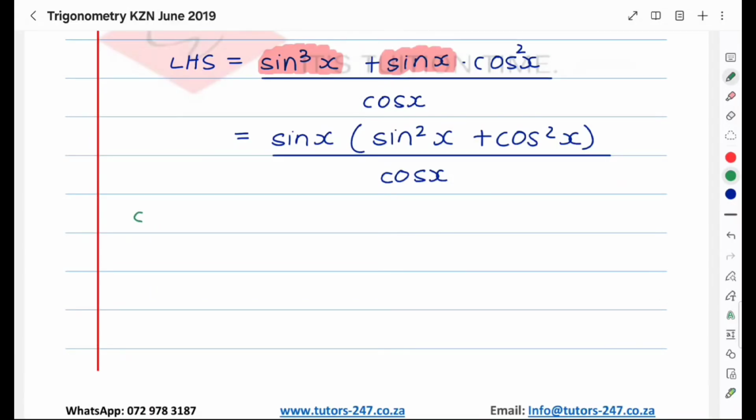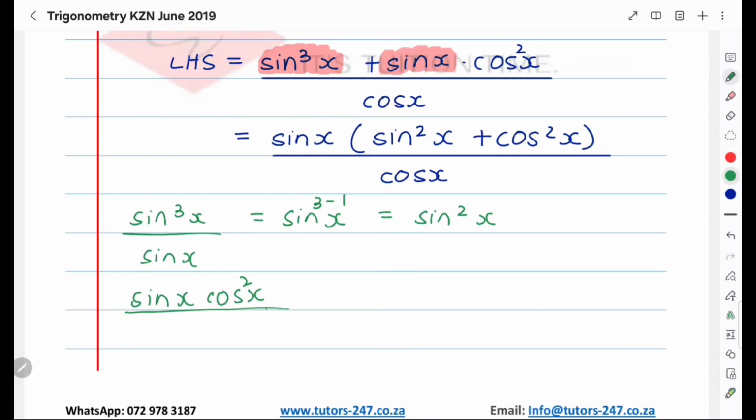So you take the first term, which is sine cubed x, and you divide it by the common factor. The common factor is sine x. Now, if you notice, you've got the same base, which is sine x. So you write the base once, and you subtract the exponents, 3 minus 1. That'll give you sine squared x.